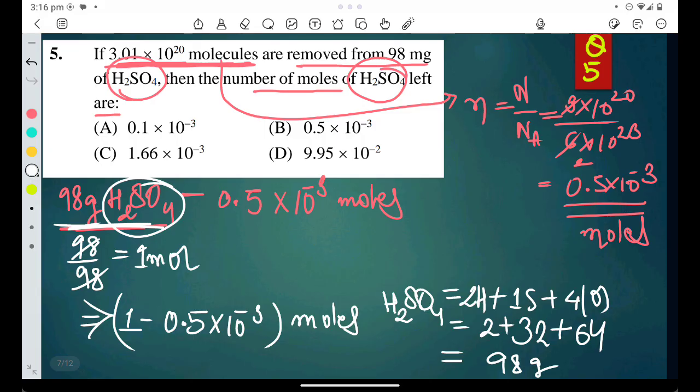Then the number of moles. So if I calculate this, I carry out 10 raised to the power minus 3.